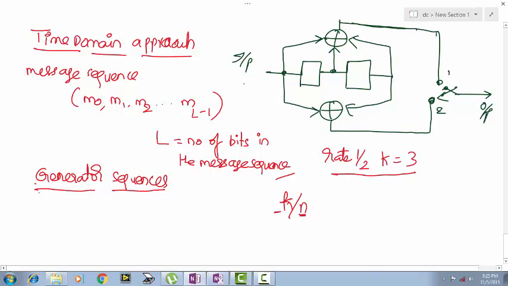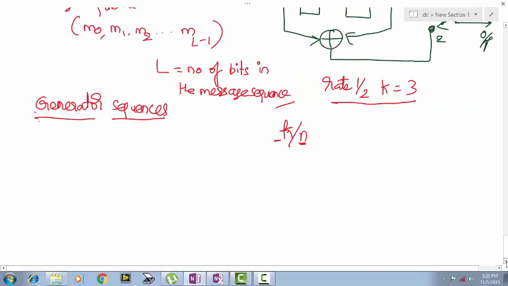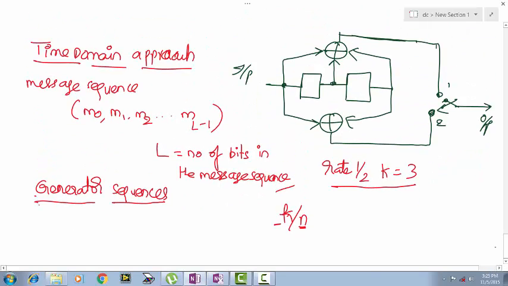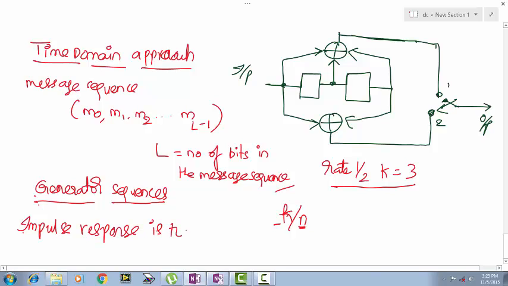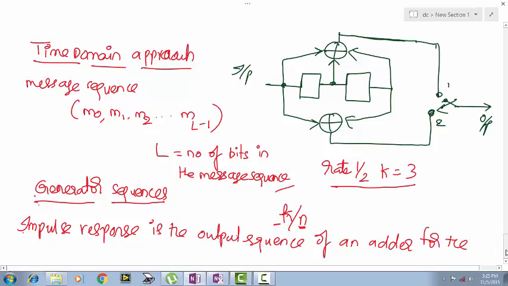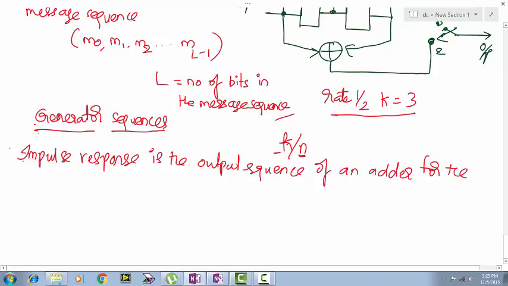What do you mean by the impulse response of the two adders? Impulse response is the output sequence of an adder for the input sequence 1, 0, 0 and so on. Here we have two adders.